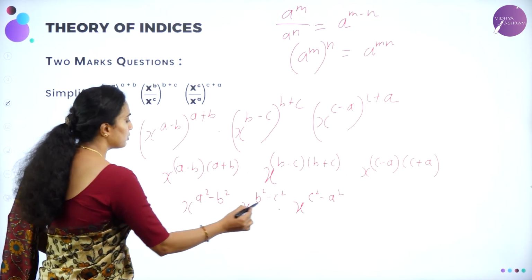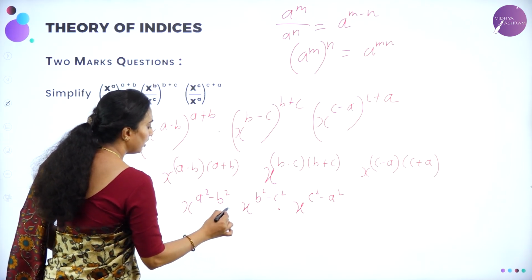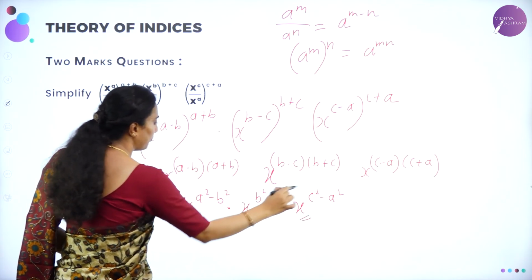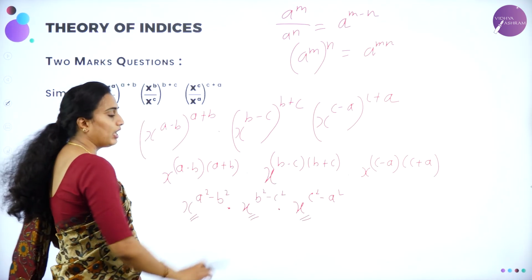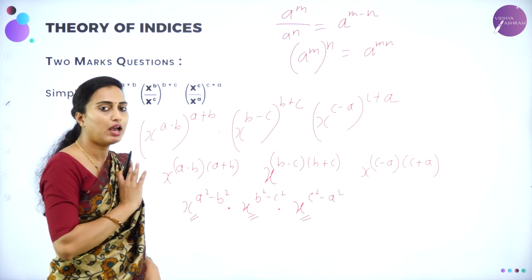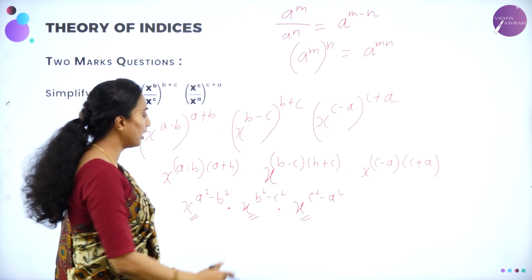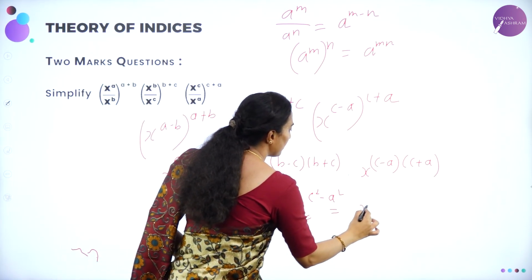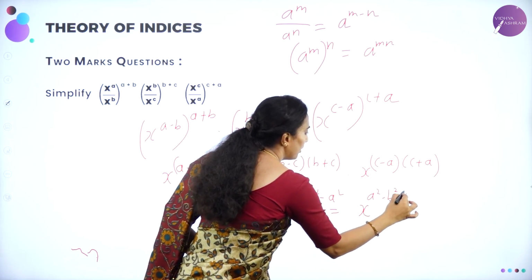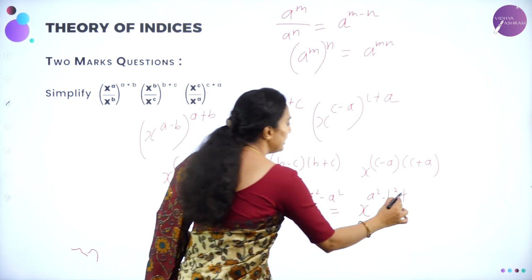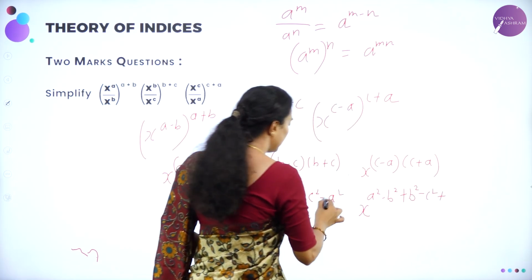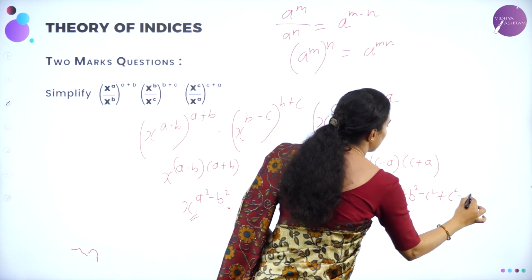Now you can observe, dear students, this x will be the base and the powers will be a squared minus b squared, b squared minus c squared, c squared minus a squared. If the base is the same, I can add the powers. So adding the powers, x to the power of: first you have a squared minus b squared, plus second b squared minus c squared, again third c squared minus a squared.